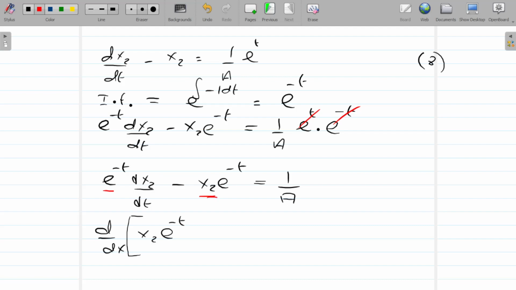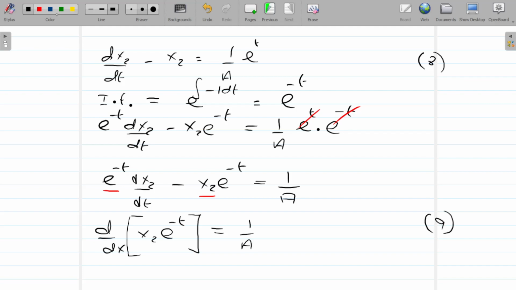In this case, it's just all of this term, but really, you always take this coefficient of the derivative and then multiply by the dependent variable, x2. I always get these mixed up. So you take e to the minus t and multiply it by x2, which is the dependent variable there. So we've got x2 e to the minus t equal to 1 over a. And we'll call that equation 9.